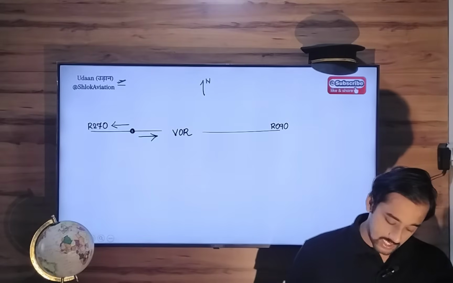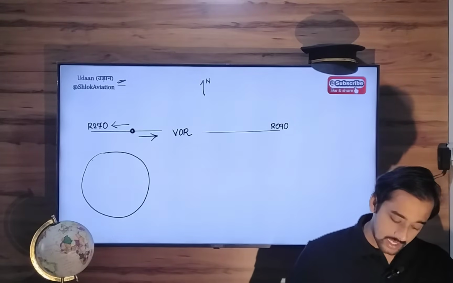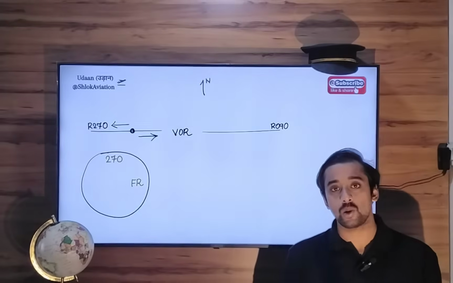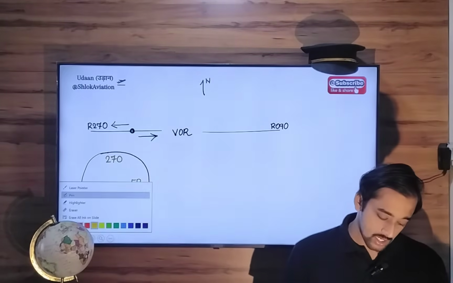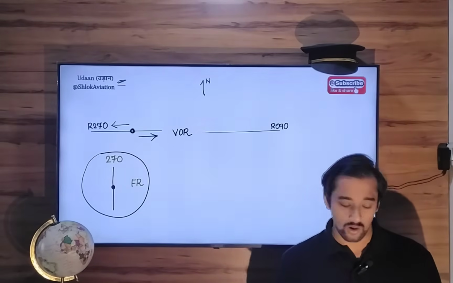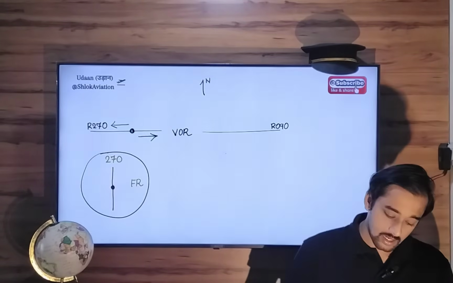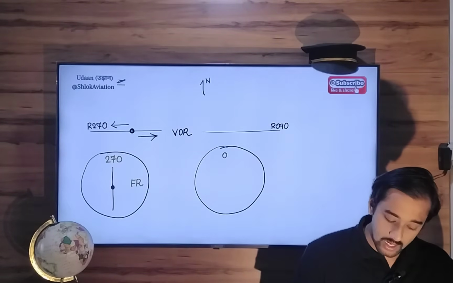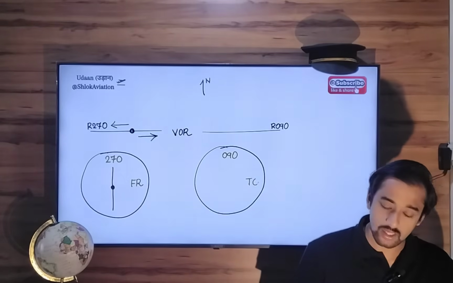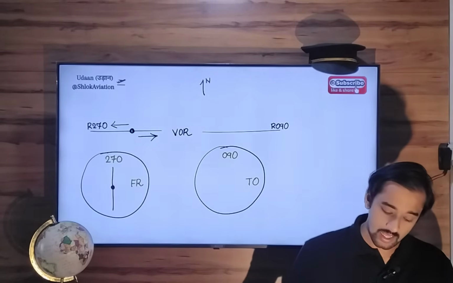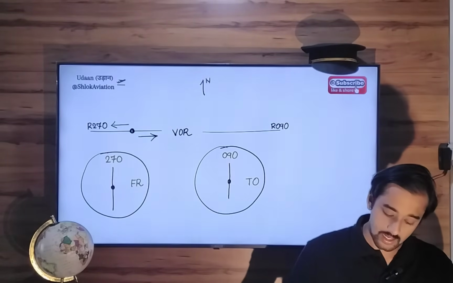When it flies away from the station, the OBS setting should be 270 with a FROM indication, and if aircraft is right on the center of the radial, the CDI indication remains in the center. If aircraft flies inbound towards the VOR station, the OBS selector should have a setting of 090 with a TO indication, and provided aircraft is established on the center line of the radial, the CDI needle will remain in the center.